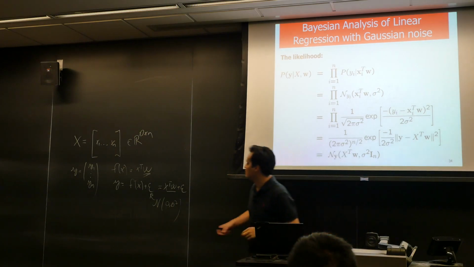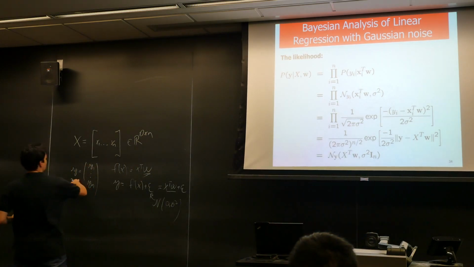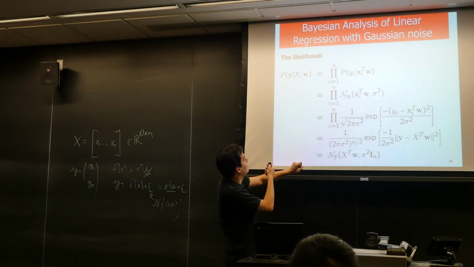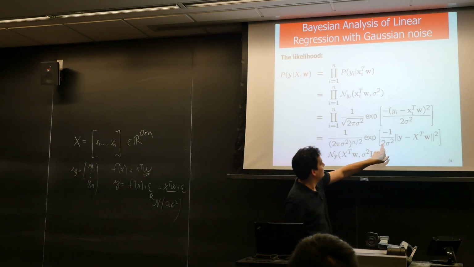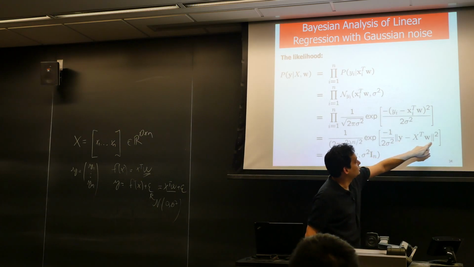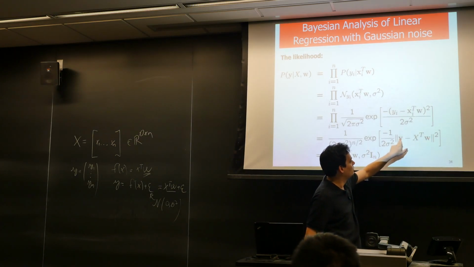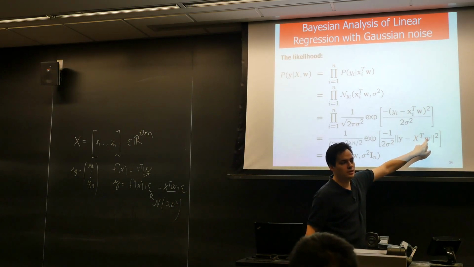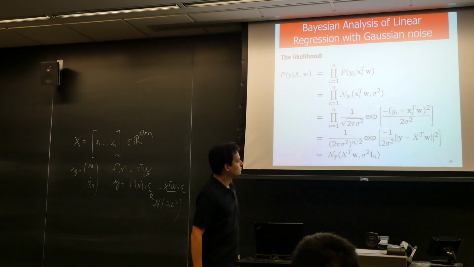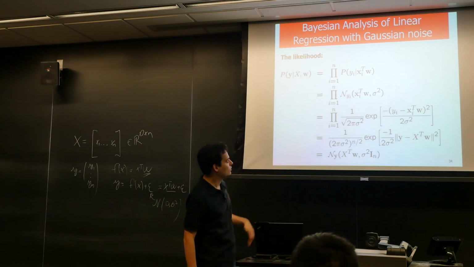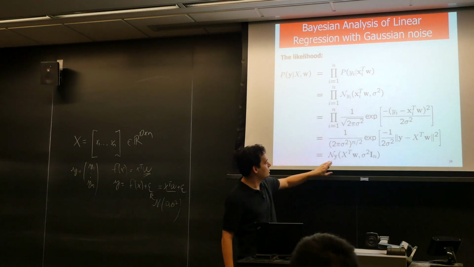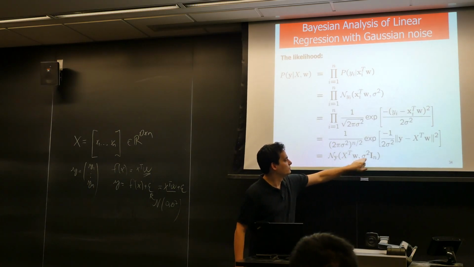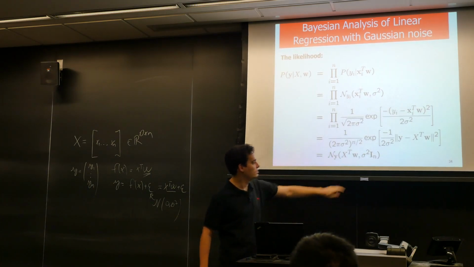So using these notations that we had before, y is this vector, x is this design matrix, then we get that this likelihood function will be just the squared L2 norm of the y vector minus the design matrix transposed times the w weights. In other words, this is just the density of a Gaussian distribution at location y with mean x transpose w and with this variance.